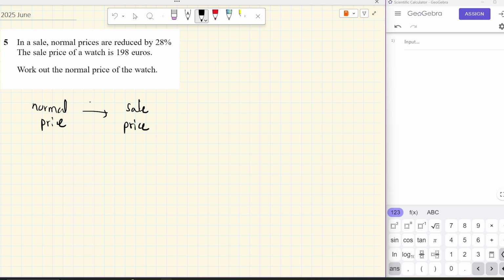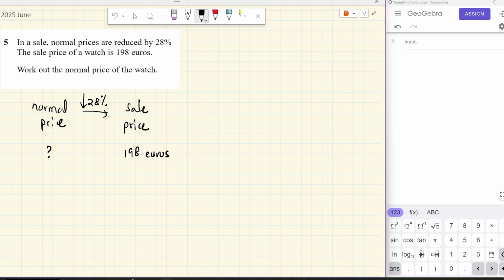You get a 28% reduction, and you are given the sale price, that is 198 euros. We need to find the normal price.